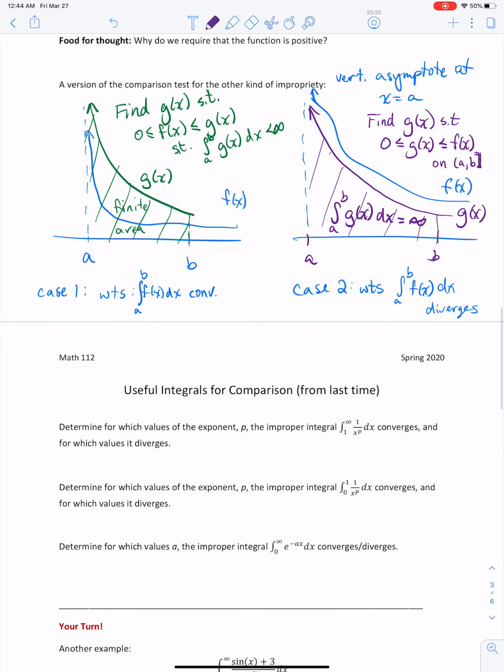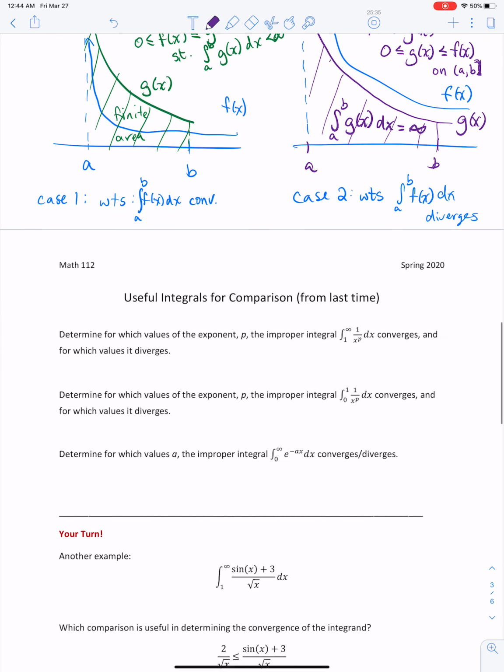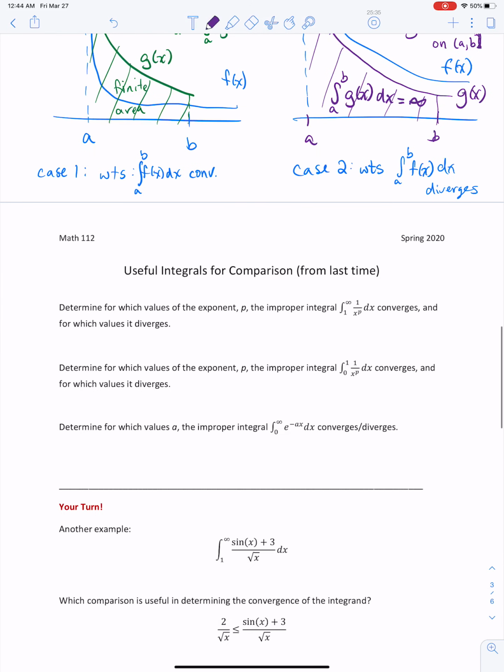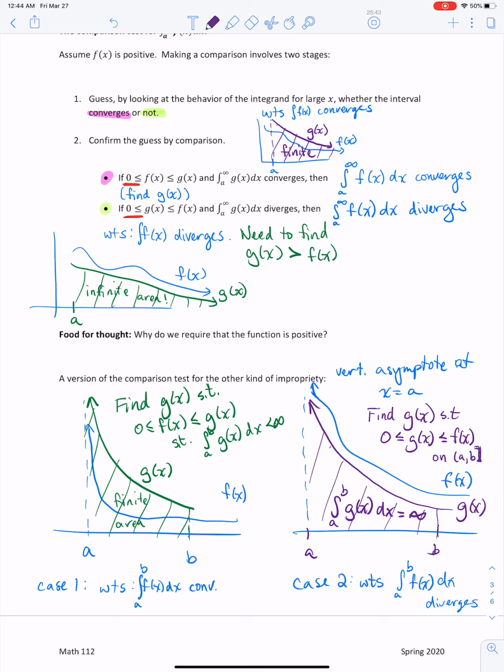Okay, so maybe before I move on, I should point out that it really is important that your function exactly satisfies these properties, right?